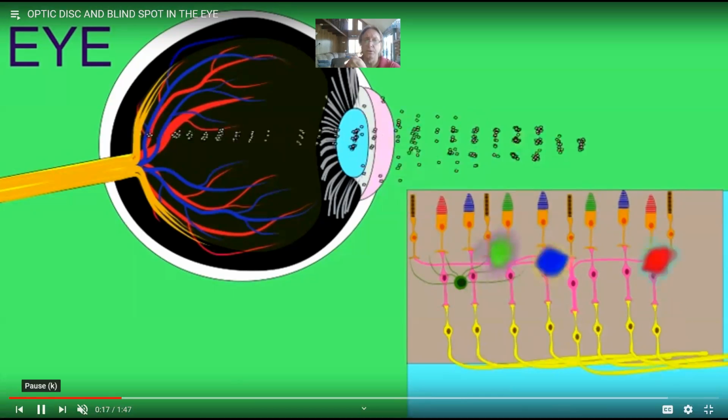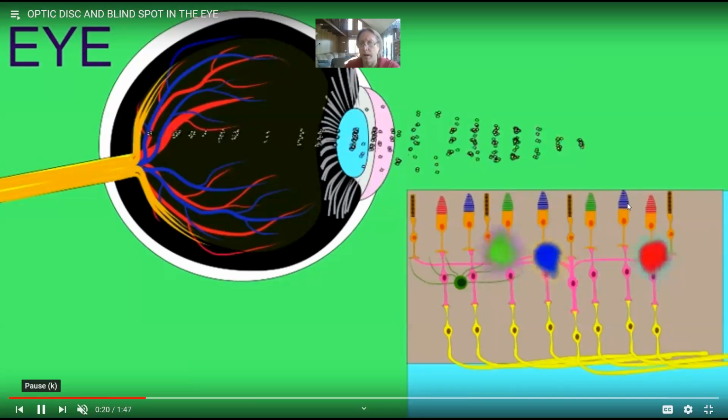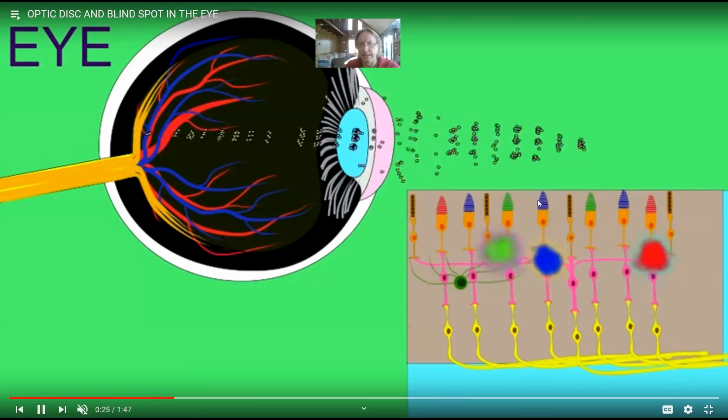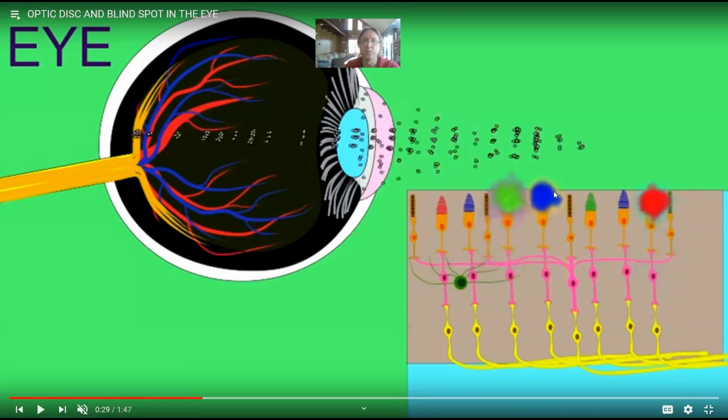And even then, it hits the wrong end. It doesn't hit the part with the photoreceptors. So instead, it then has to proceed further to reach those. So the eye is kind of built backwards in that sense.